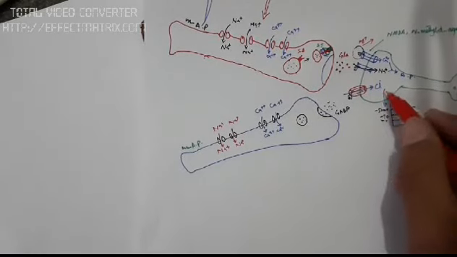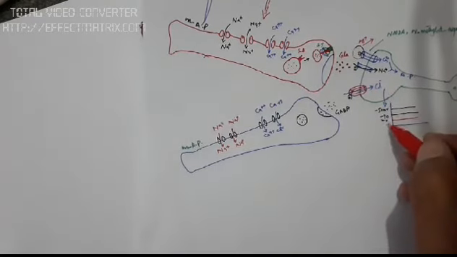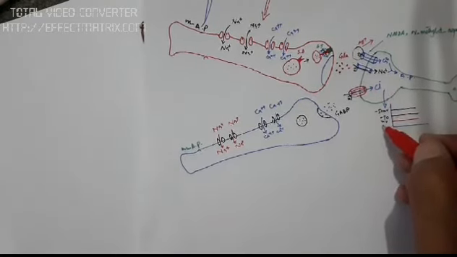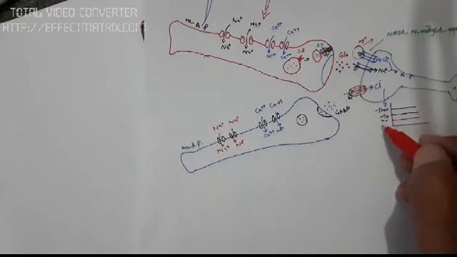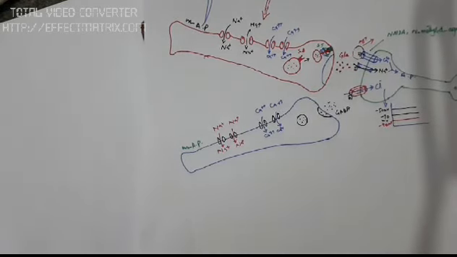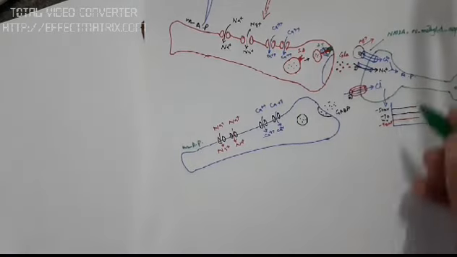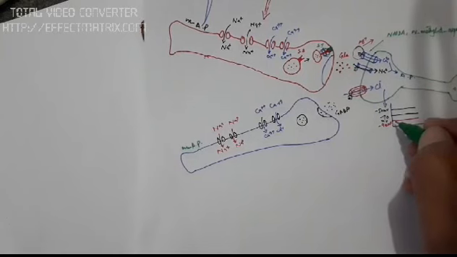When this chloride ion is loaded inside this neuron, and this minus 70 millivolt, there will be negativity inside the neuronal cell, and this minus 70 millivolt may reach to minus 90 millivolt. So when action potential comes, sodium ion will move inside.